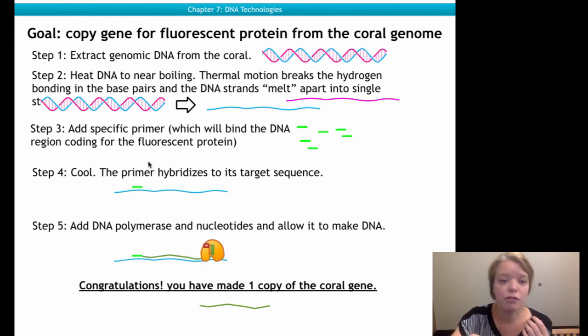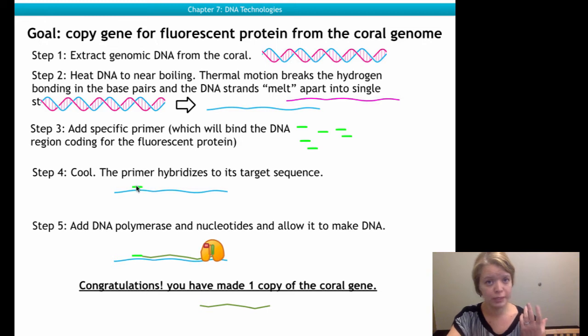They will have hybridized to their target sequence, while the big strands are still not fully annealed. And now that you have gotten your primer to form a double-stranded hydrogen bond setup with your template, you can now add your DNA polymerase and your nucleotides and your magnesium, and hopefully your buffer was there already, in order to allow the DNA polymerase to bind to the primer and then extend this newly synthesized DNA strand.